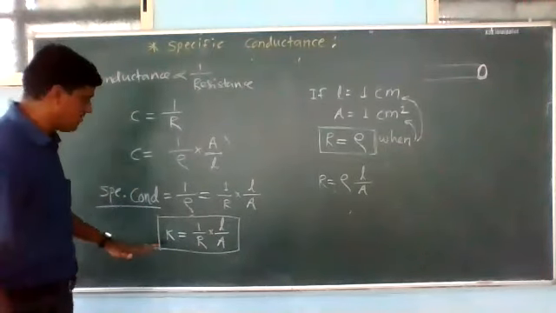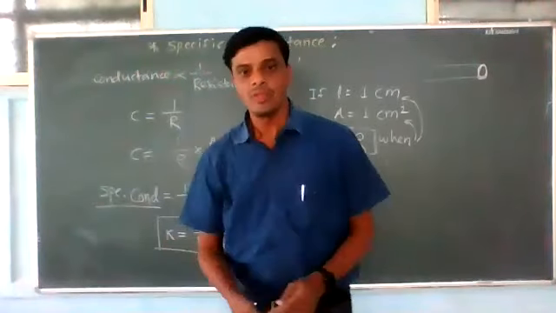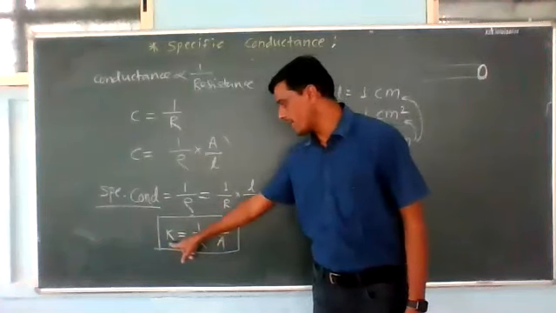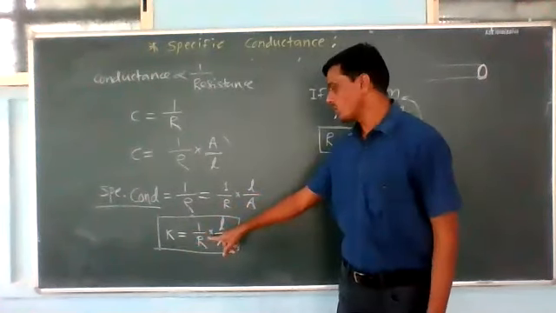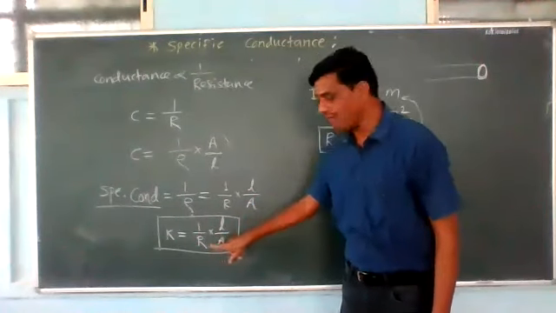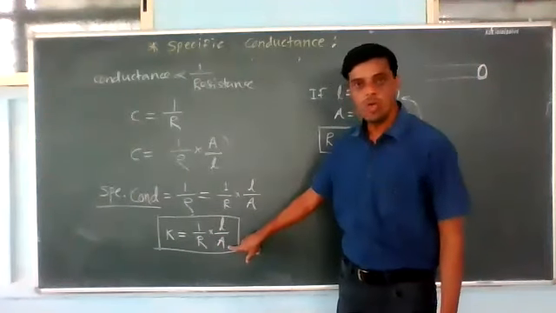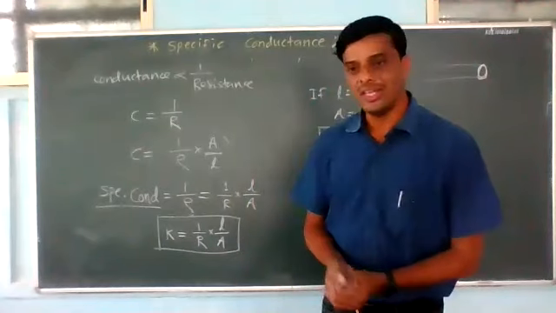Once again, I will repeat the definition. What is the specific conductance? From this equation, the specific conductance of a conductor is the specific resistance of a conductor having length equal to 1 centimeter and area equal to 1 centimeter square.